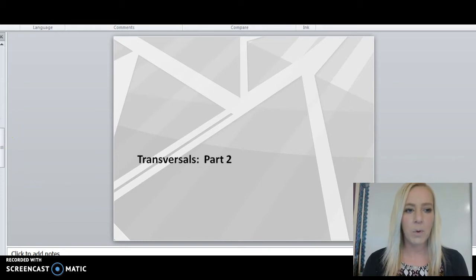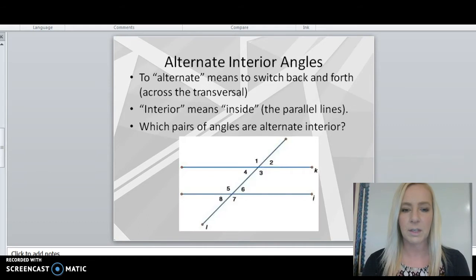Okay, there's a couple more terms that I want to discuss as far as transversals. The next term is alternate interior angles. Again, the word alternate means to switch back and forth across the transversal. The word interior means inside the parallel lines.